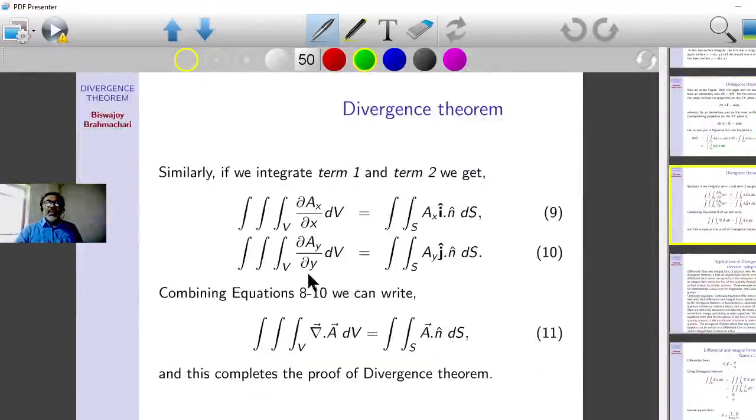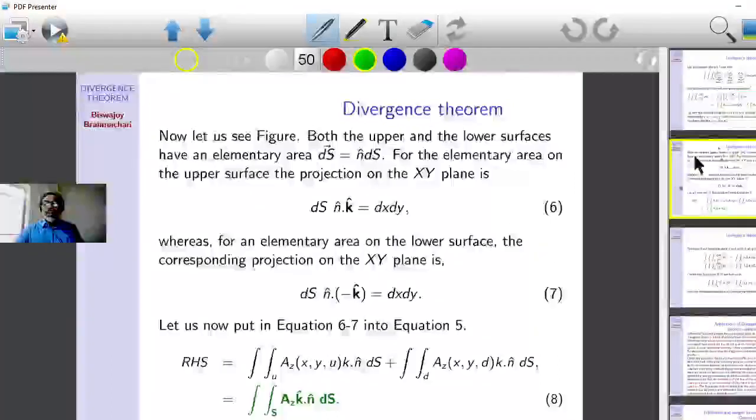And using the symmetry, term 1 is del ax del x dv, term 1. Using the symmetry, the term 1 is ax i dot n ds. Here we have ax, here we have i dot n ds, term 1, and term 2, here we have ay, here we have j dot n ds.